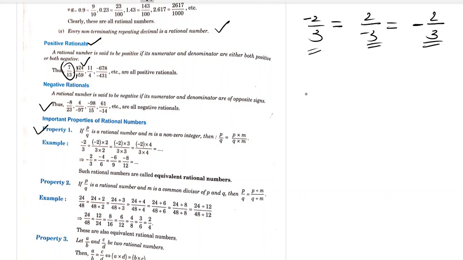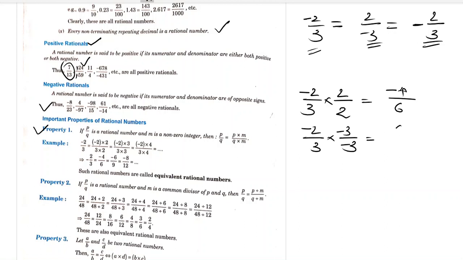For example, I have a rational number minus 2 by 3. If I multiply 2 in the numerator and denominator, what will I get? Minus 4 by 6. If I multiply minus 3 in the numerator and denominator both, what will I get? 6 by minus 9.